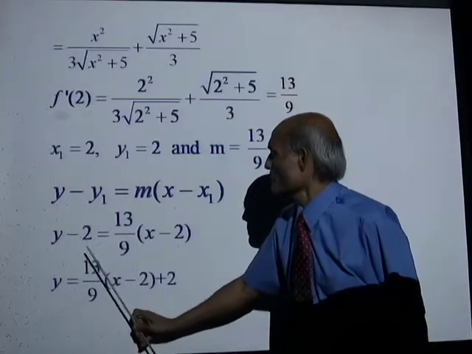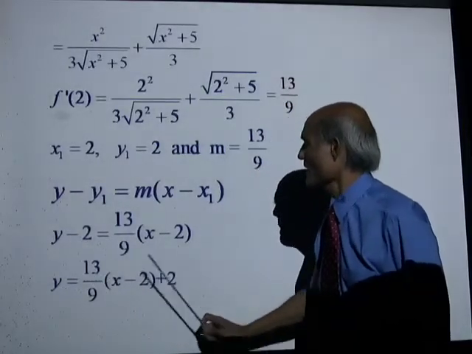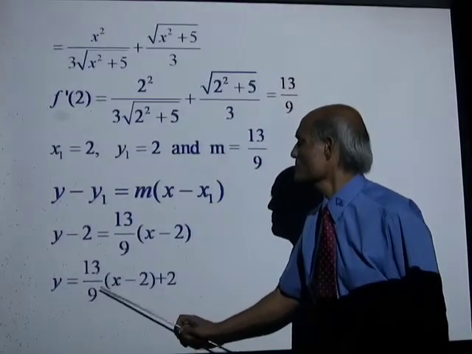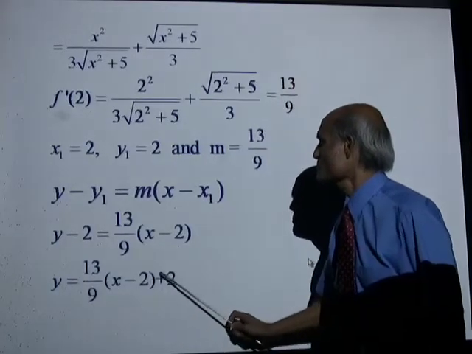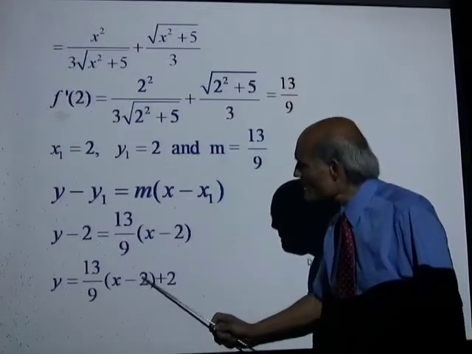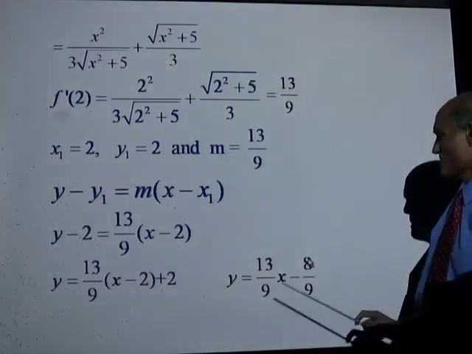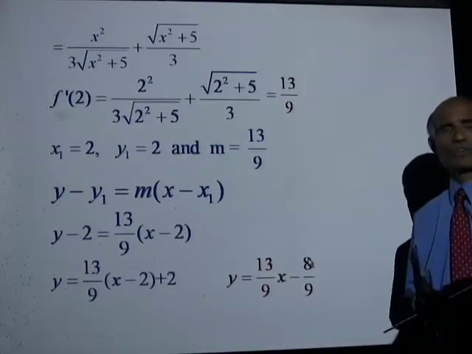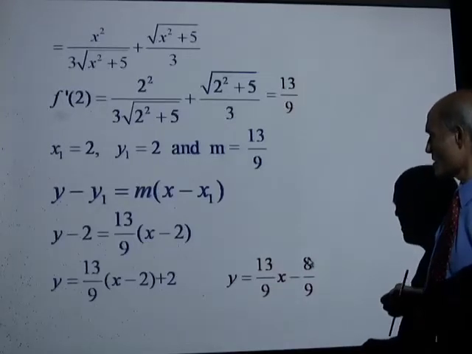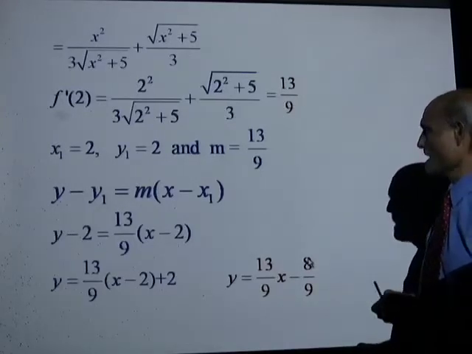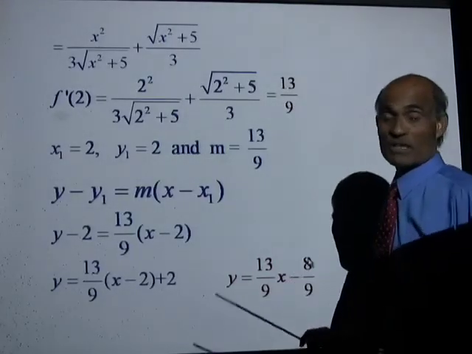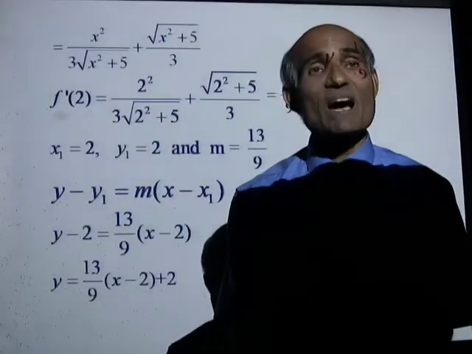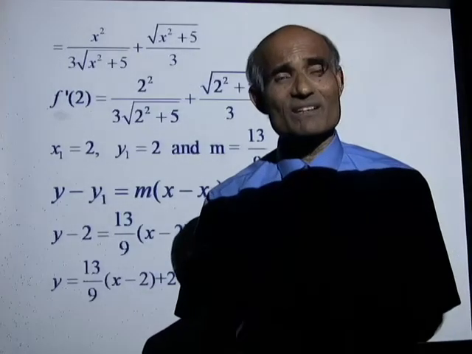Now, you can see, take that 2 to the other side. y equal to 13/9 times (x minus 2), plus 2. Distribute that and then simplify and see whether you get this. y equal to 13/9 x minus 8/9.